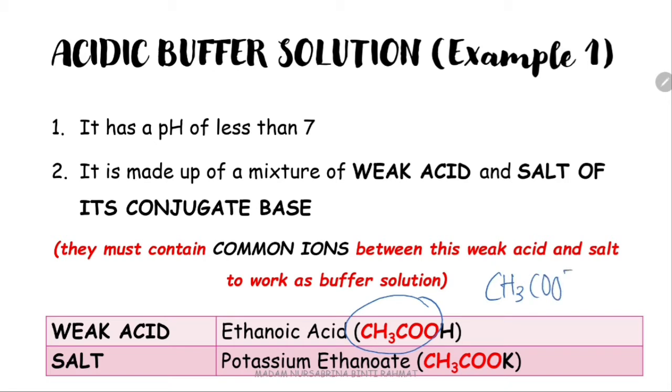The ethanoate ion is present in both my weak acid and my salt, so they can work together as a buffer solution. If there is no common ion between the two, no buffer solution can be produced. It will just be a mixture of two different compounds, not a buffer solution. The key for a system to work as a buffer solution is that it must have a common ion between the weak acid or weak base and its salt.